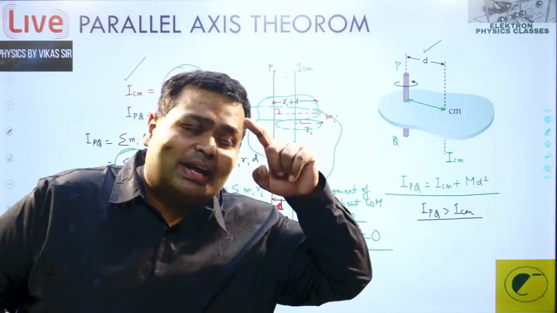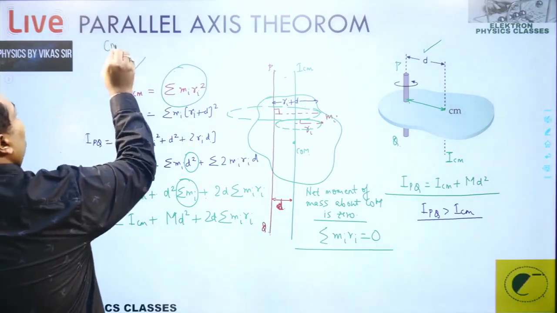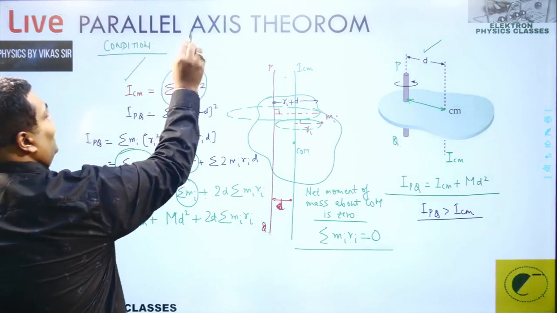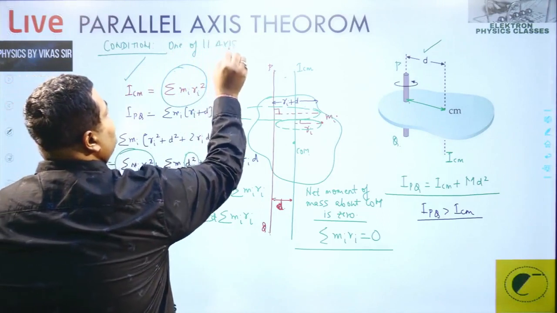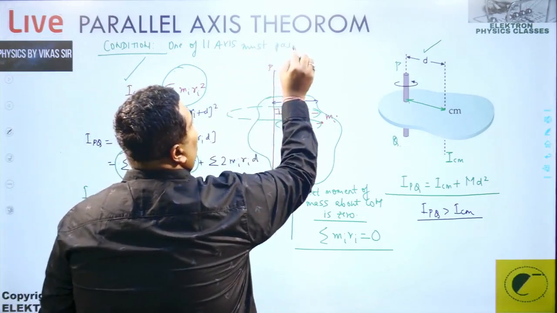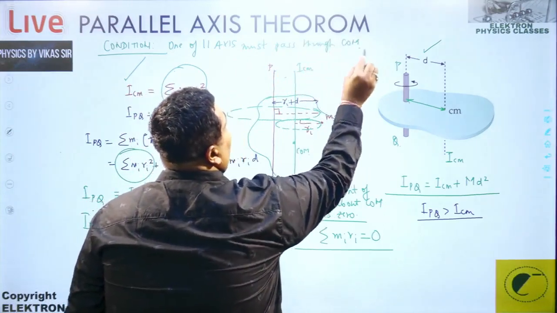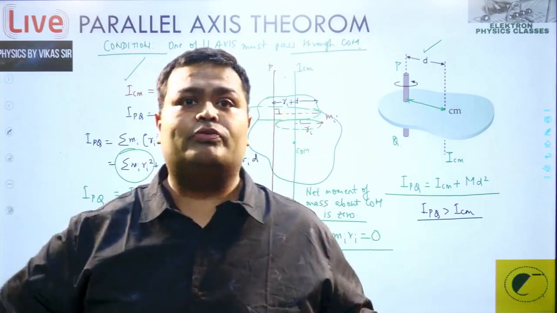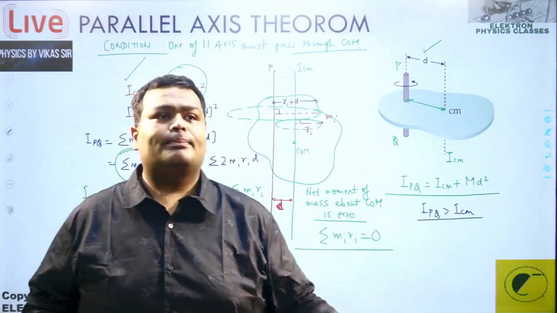That means what is the conditional behavior of the theorem? The condition of the theorem is that one of the parallel axes must pass through the center of mass.